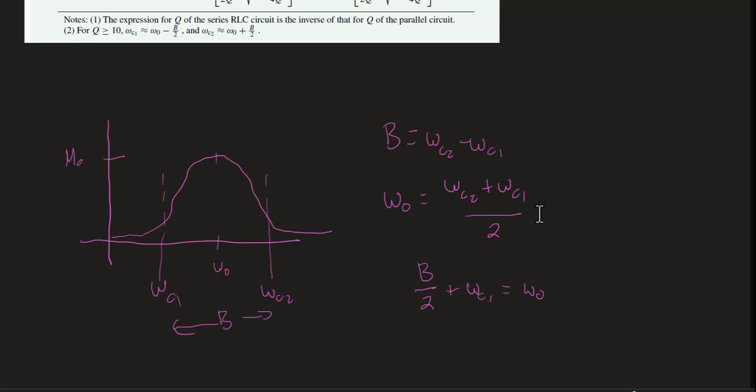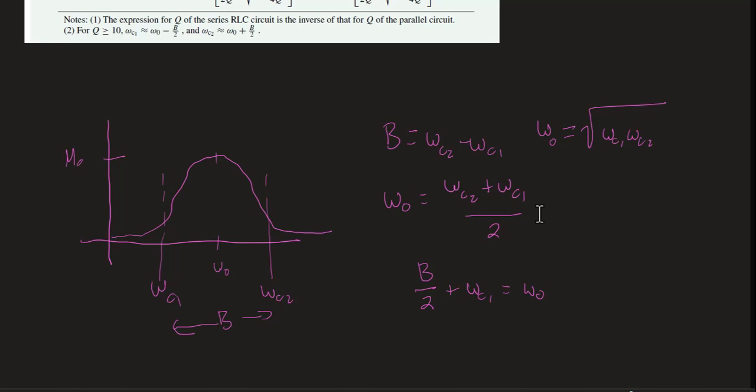And it is also true that omega naught is the geometric mean: the square root of omega C1 times omega C2.